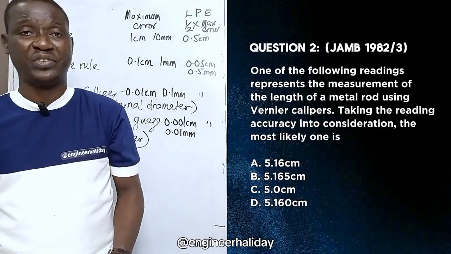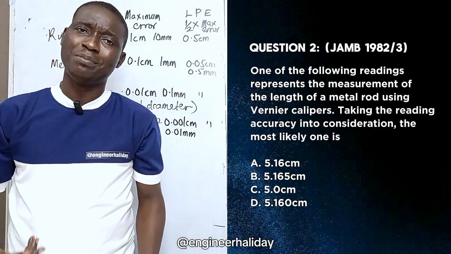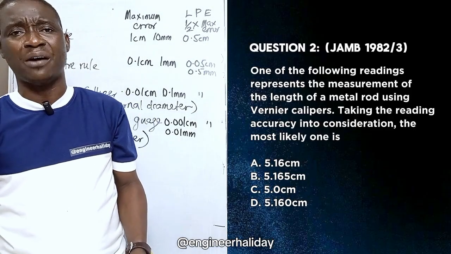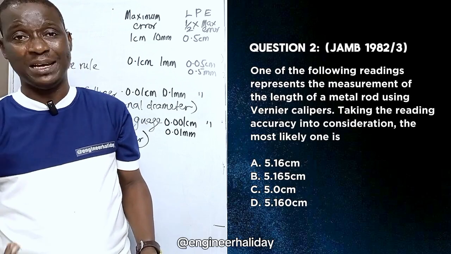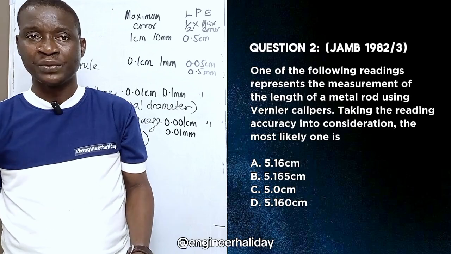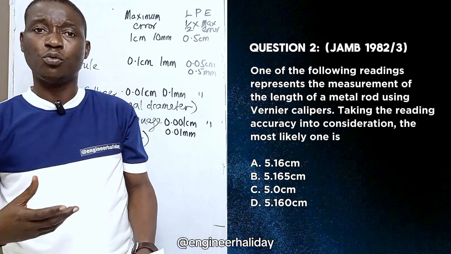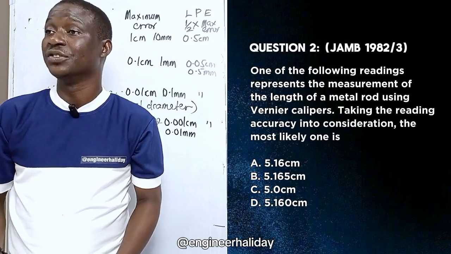So that is what we call precision. So that means whatever value you have measured should be close to the true value, the accepted value. So that is just that.